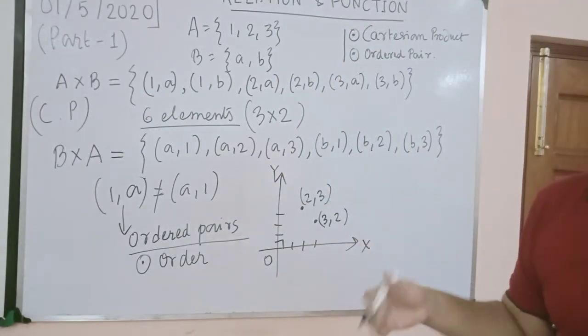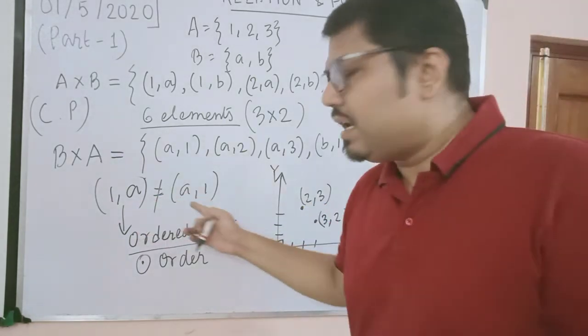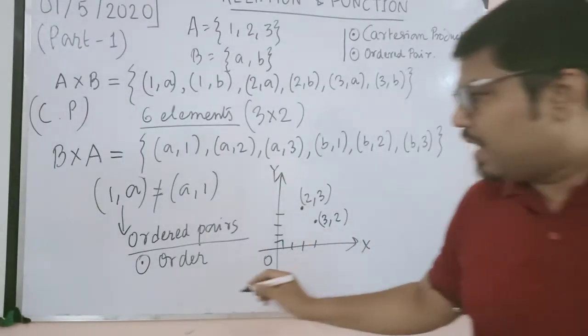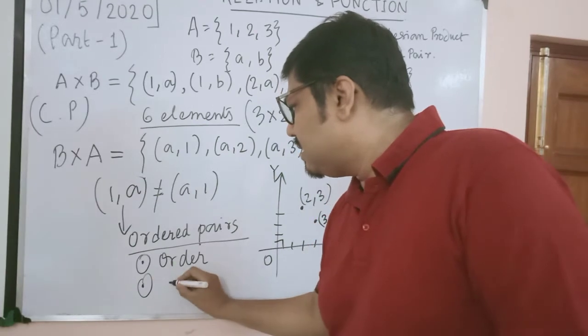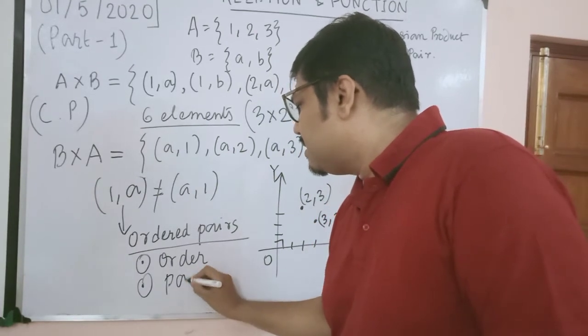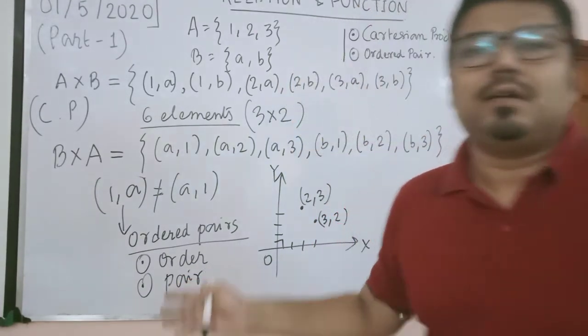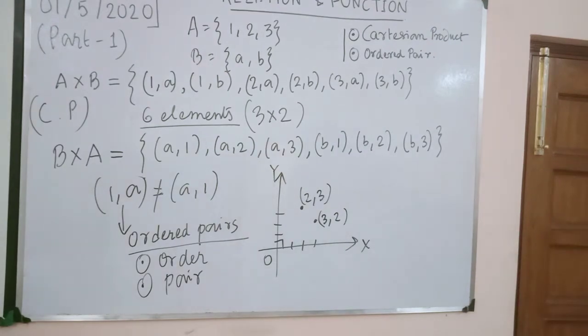That means (2, 3) and (3, 2) are not the same, and (1, A) and (A, 1) are not the same. The second thing is that they exist in pair, as you can see in (A, 1). That means two elements are clubbed together. So it is a pair. This is about the Cartesian product.